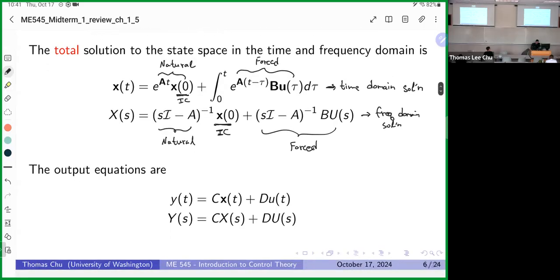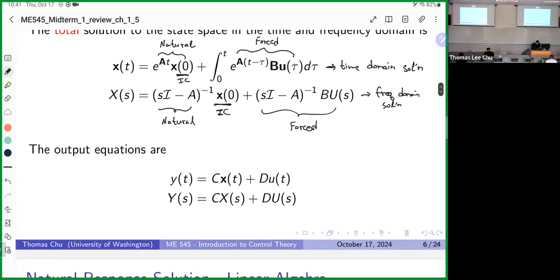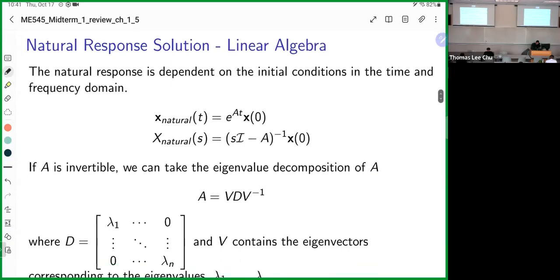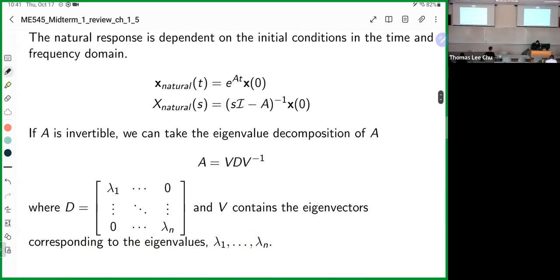So this is the relationship between the time domain and the frequency domain. If we break down each component, if we look at the natural solution first, the natural response is dependent on the initial conditions in the time and frequency domain. So this is our natural solution.